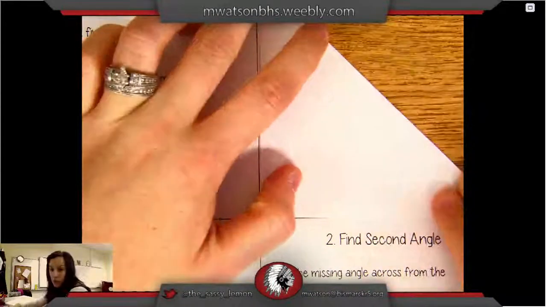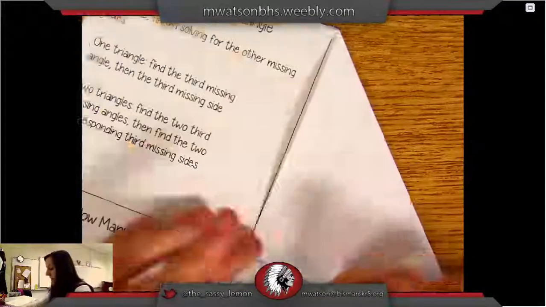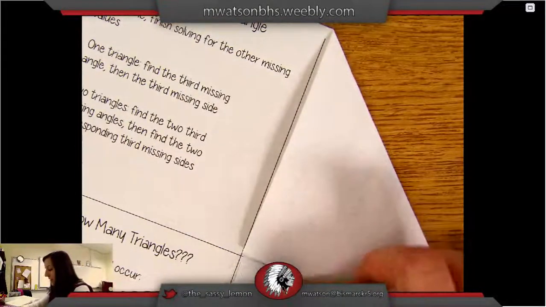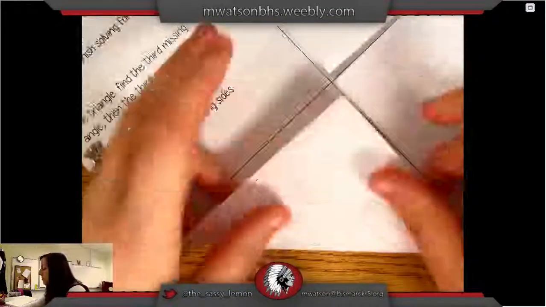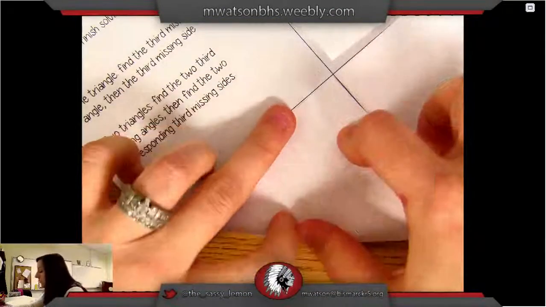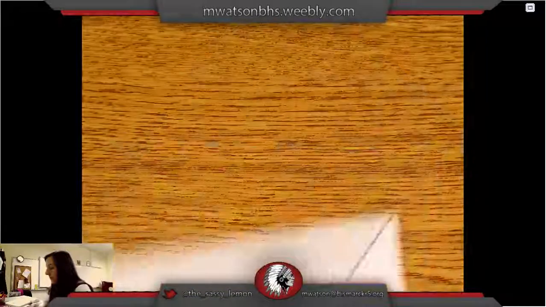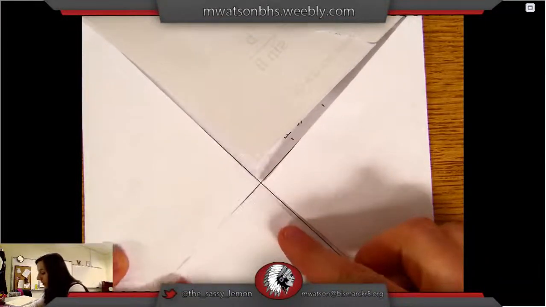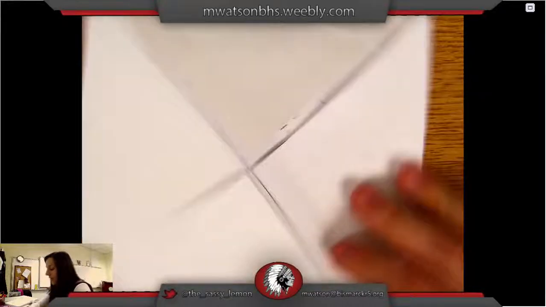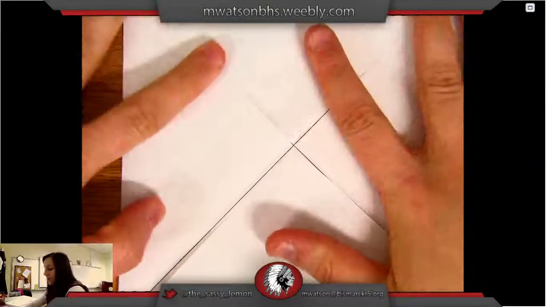So it is a foldable. We're going to fold them in so it makes a little diamond shape. And there we go.